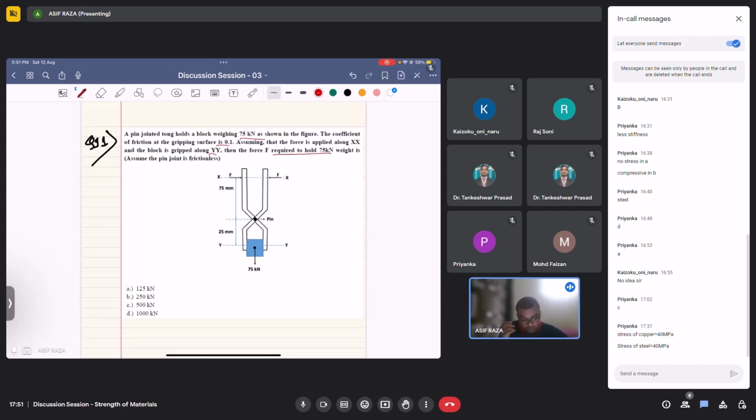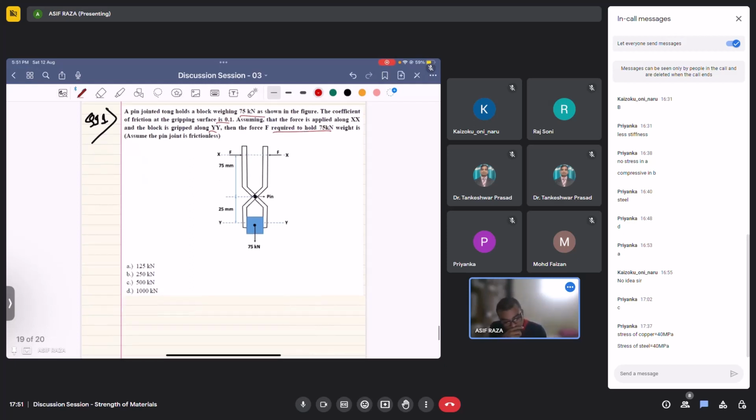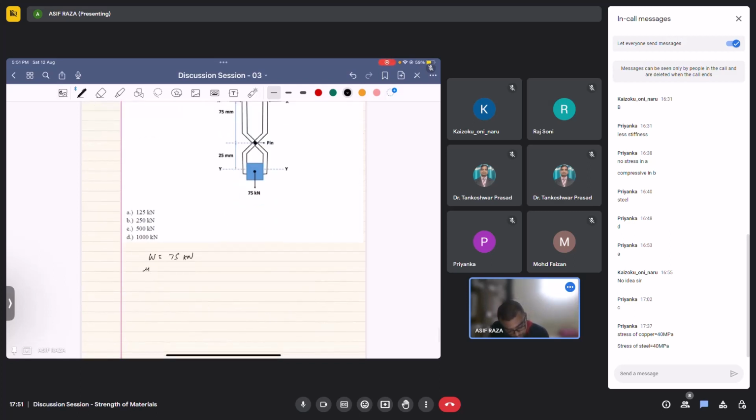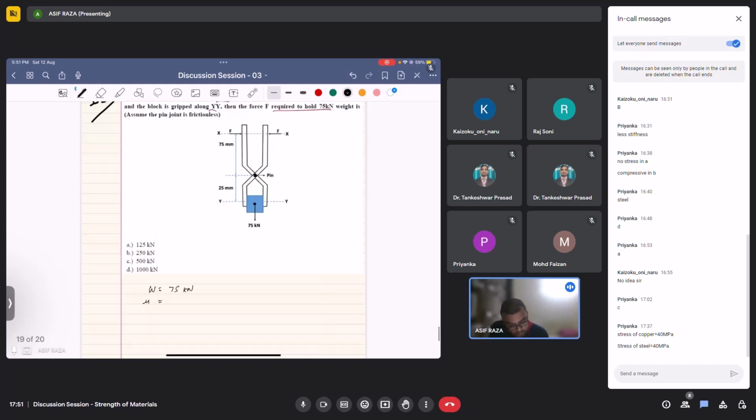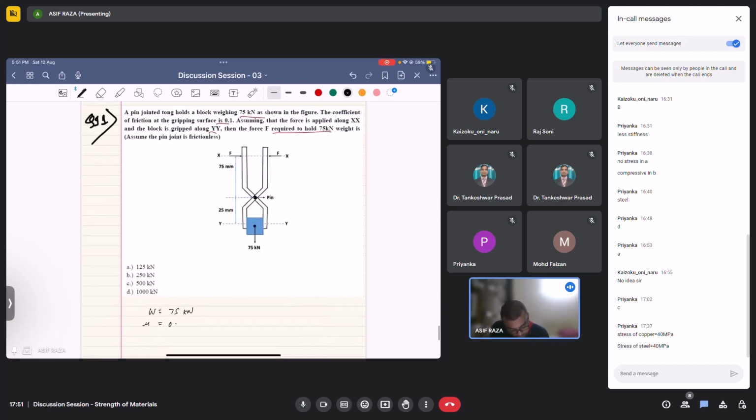Okay, we are given the weight of the block W as 75 kilonewton. The coefficient of friction at the gripping surface is 0.1, so mu is given as 0.1, assuming that the force is applied along x-axis.